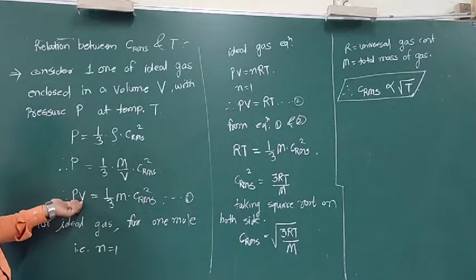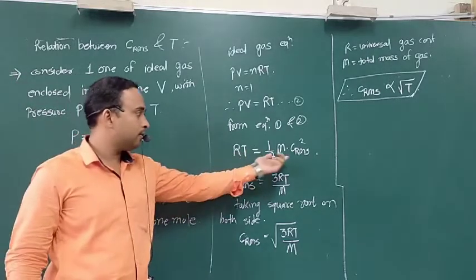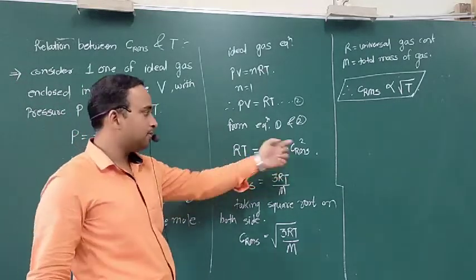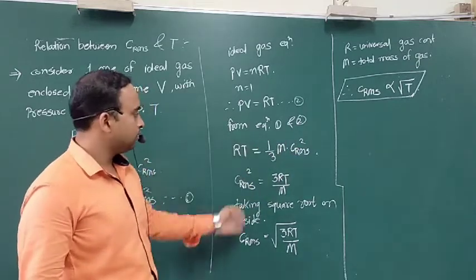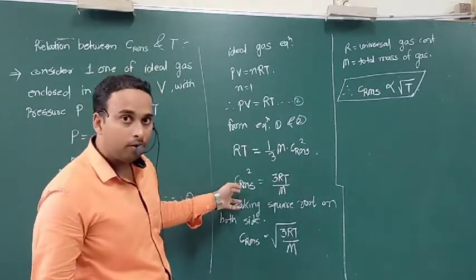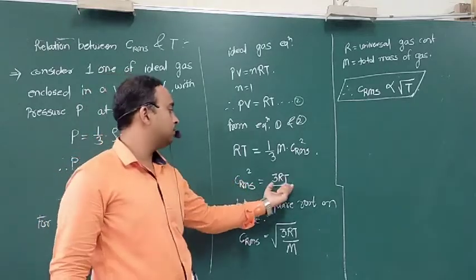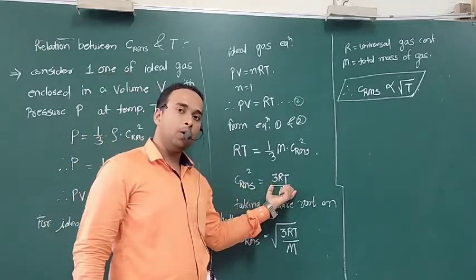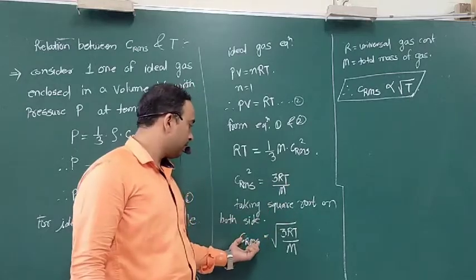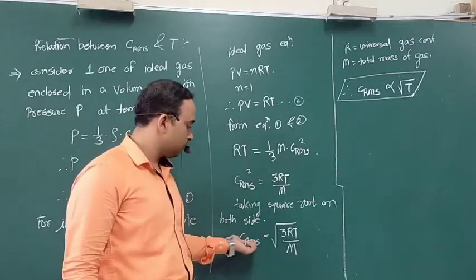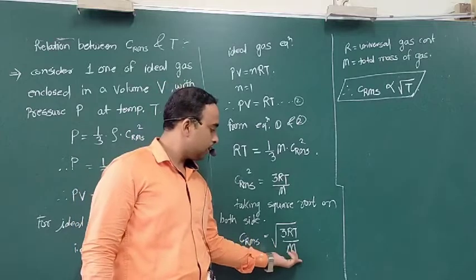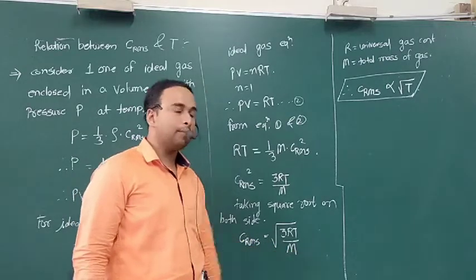Substituting or replacing PV by RT, we get RT is equal to 1 by 3 m C RMS square. So we want to find the value of C RMS square. So C RMS square is equal to 3 RT upon m. Taking square root on both sides, C RMS is equal to under root 3 RT upon m.